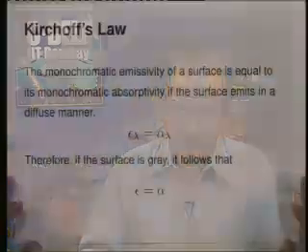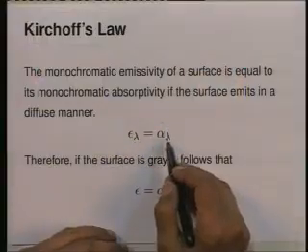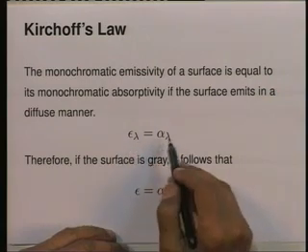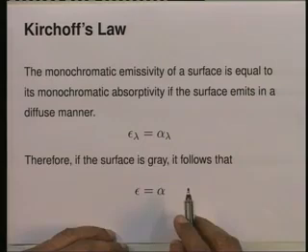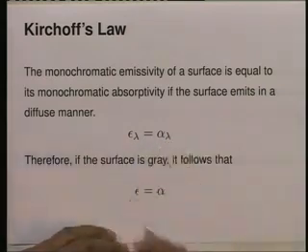If the surface is diffuse, epsilon lambda is equal to alpha lambda. We are not going to prove this law, but I will ask you to take it as correct.